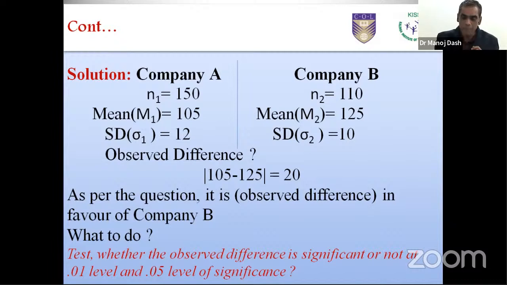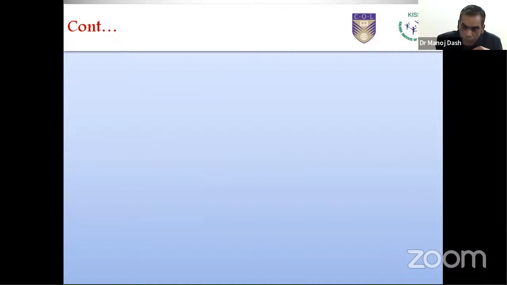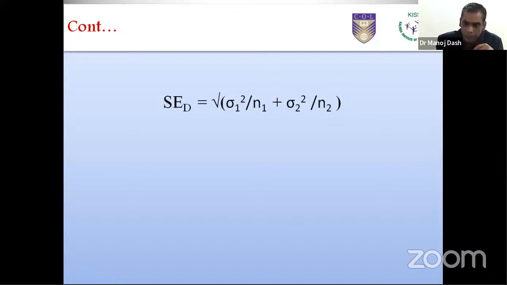Now, coming to the next: first, immediately find out the standard error of difference. The formula is already given, very clearly, in the module. It is the square root of standard deviation of company A squared by N1, plus standard deviation of company B squared by N2. This is the standard error of difference. So between company A and company B, find out the standard error of difference.